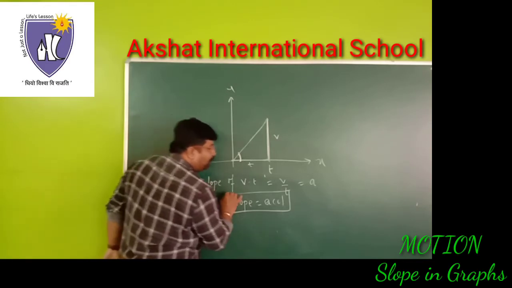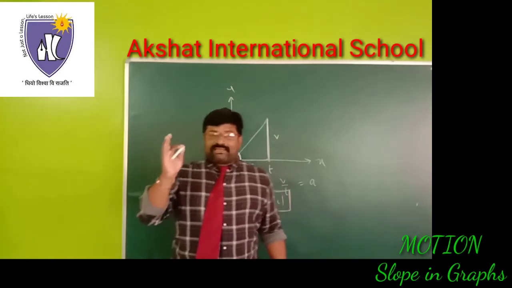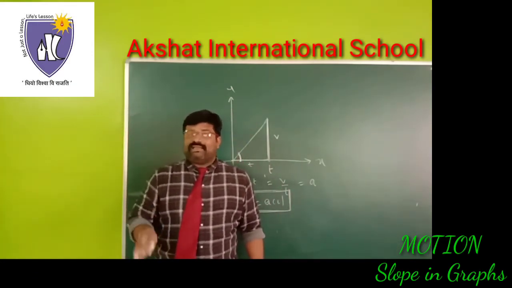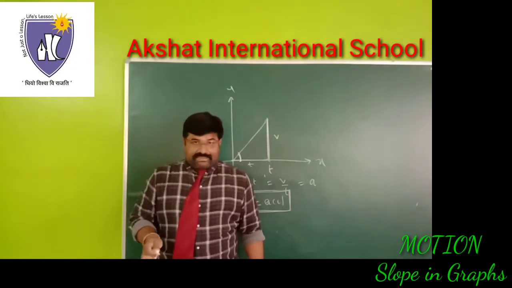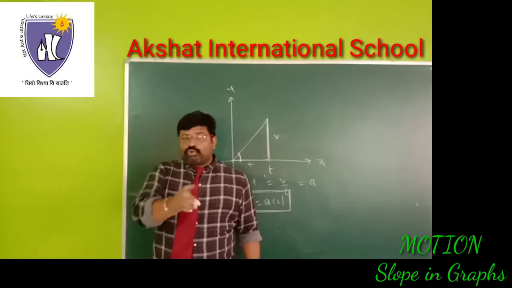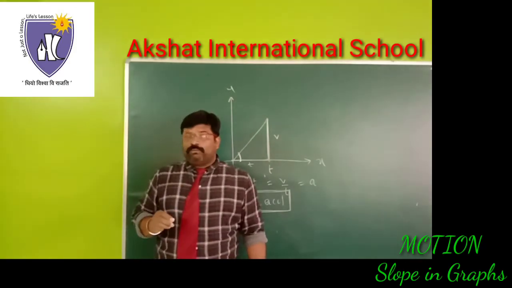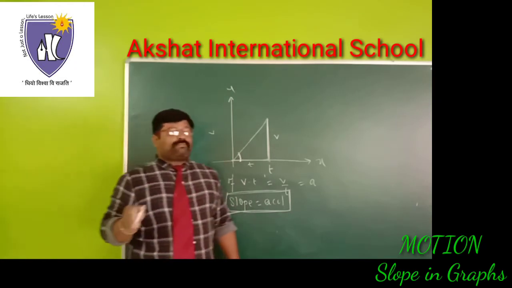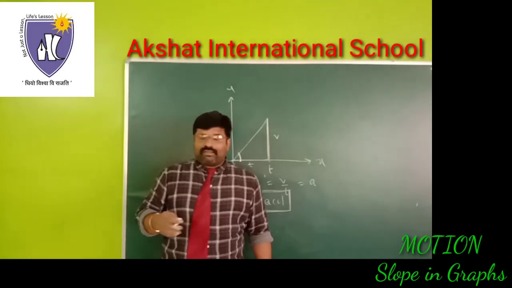But here the point to be noted is that the slope of a velocity time graph represents acceleration, and the slope of a distance time graph represents speed. These two sentences you have to keep in your mind, because these types of questions are asked in the exam, fill in the blanks or MCQ.